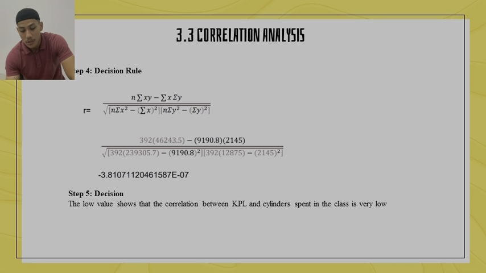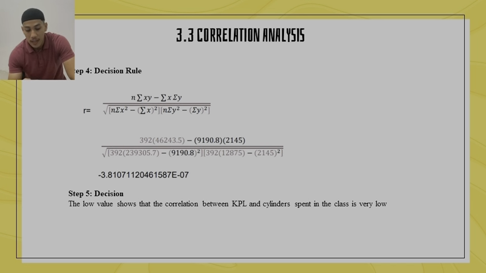Other than that, for decision rule, we got 3.20461587E-07. The last step for correlation analysis is the decision.